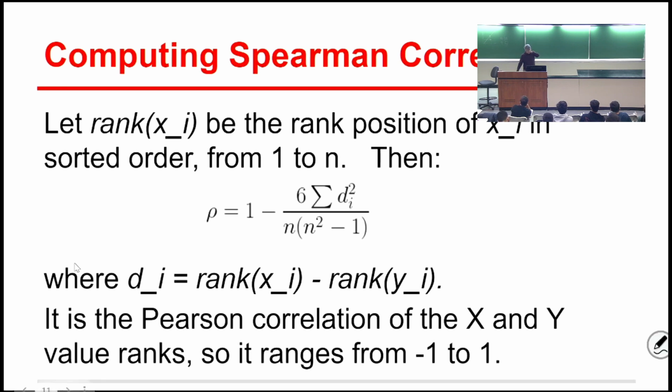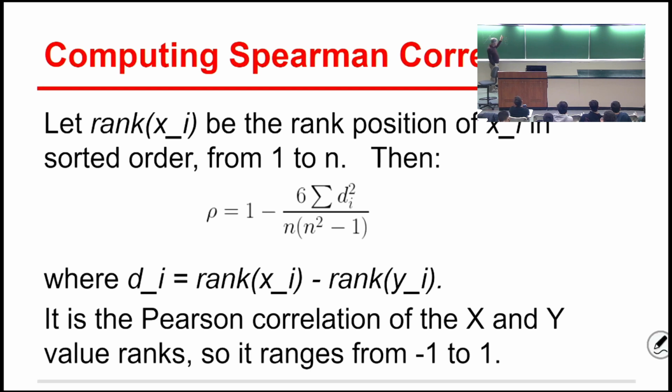In fact, there is another way to compute the Spearman correlation, where suppose we now replace the actual values. You have x values and you've got y values. Suppose I replace the x values by the numbers 1 through n, telling about where that value appeared in the sorted order of the x's.